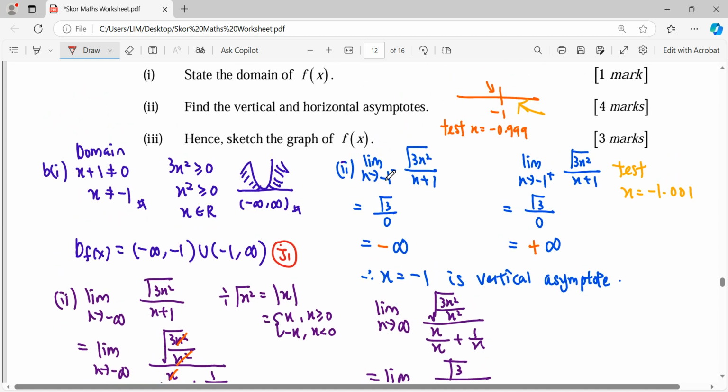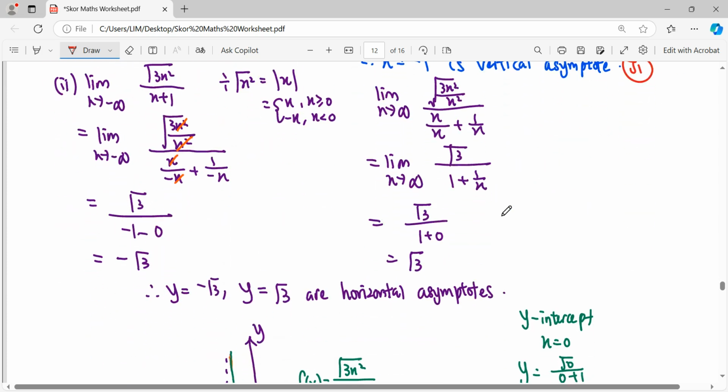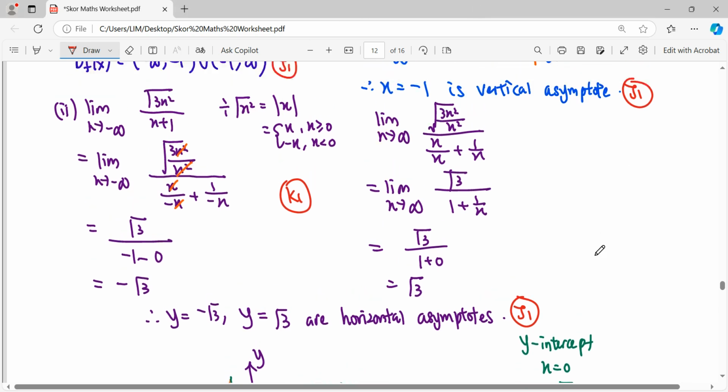Finding your vertical and horizontal asymptote: finding -1 from the left, finding -1 from the right, getting your answer x equals -1 is a vertical asymptote, and then finding your horizontal asymptote from -infinity and positive infinity, getting these two values as horizontal asymptotes. Then there will be your 4 marks.